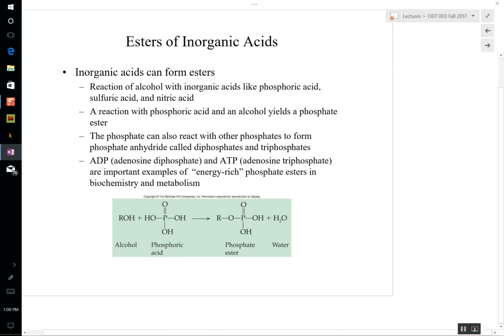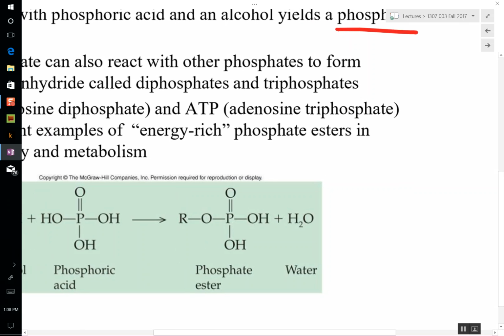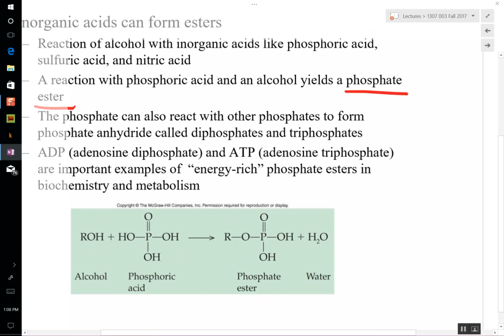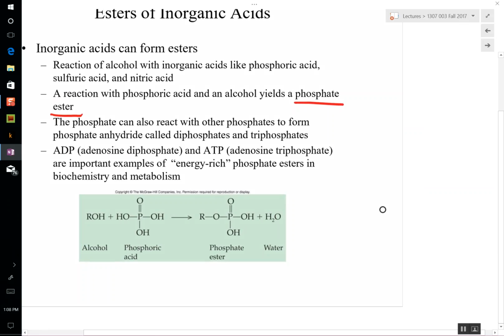Phosphate esters. I want you to become familiar with what a phosphate ester is. I don't expect you to write a bunch of phosphate ester reactions or anything, but I do want you to appreciate what we mean when we talk about a phosphate ester. Okay, now if I covered that up right there and changed that phosphorus to a carbon, you should start seeing an ester.